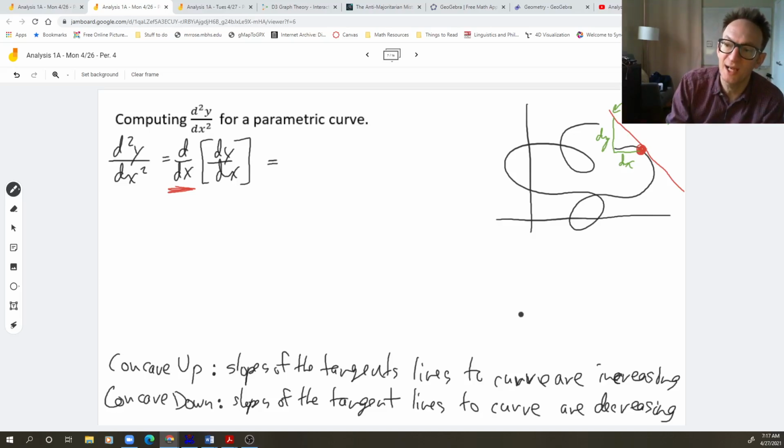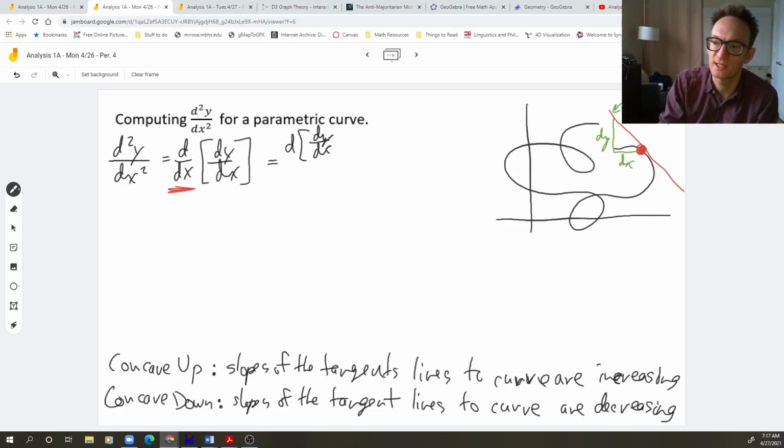And so in order to compute this, we need to know what is the infinitesimal change in dy dx with respect to an infinitesimal change in x?